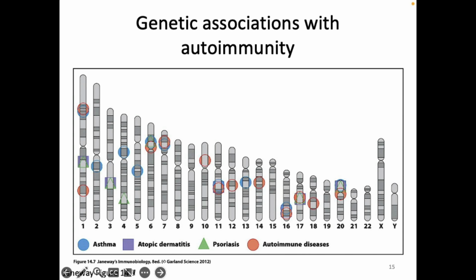And so some part of this is thinking about aspects of genetics. When we think about the strength of the statistical association, where the association is biggest, there's one gene that really stands out as the gene that is related to autoimmunity.